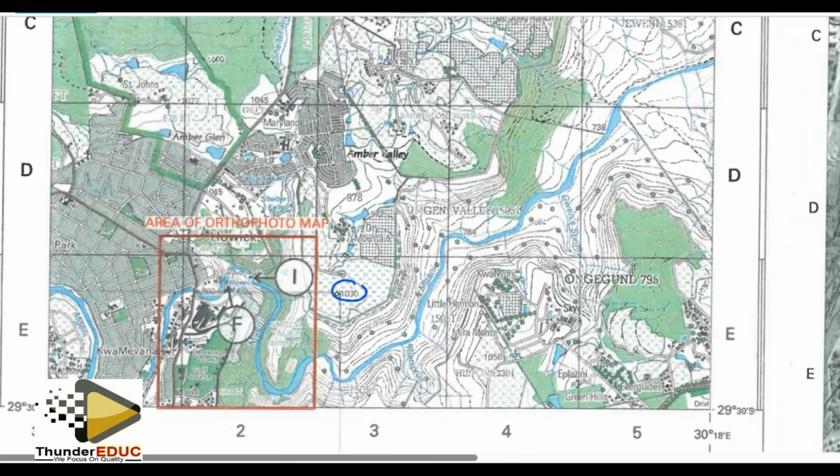And D4, is it D4 or D5? Let's check. Yes, D4, which is 784 here. So we're going to measure from this spot height to this spot height. You get your ruler and measure in centimeters from the given spot to the other spot. But for this case, let us assume that we measured and got 6.2 centimeters as our distance.